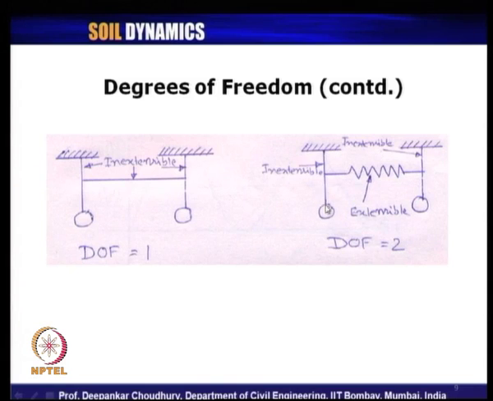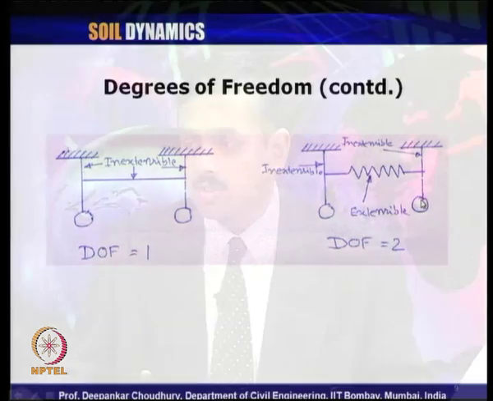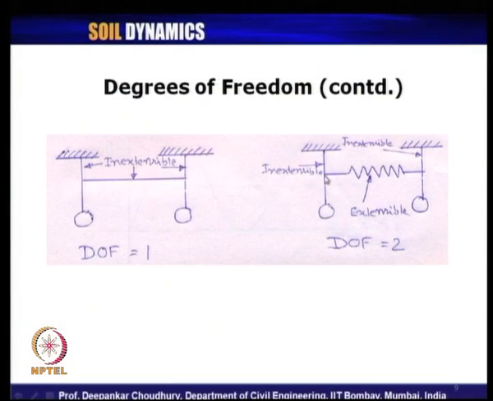Suppose these rods are still inextensible. In that case, how many coordinates minimum do we require to define the position of the system? Suppose we apply a dynamic load to the system here, we need this angle to define the position of this pendulum bob at any point of time.